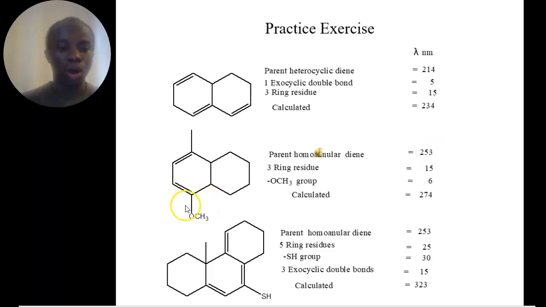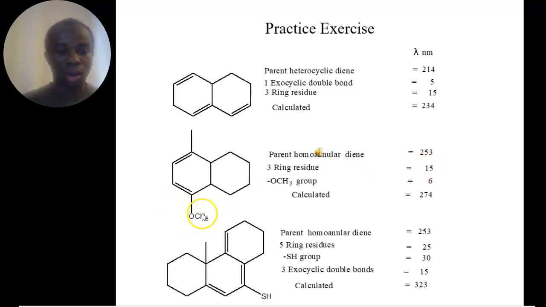And also you check for ring residue, isocyclic, double bond extending conjugation. There is no isocyclic double bond here. At the same time, there is no double bond extending conjugation, so it means that you only have to look for ring residue, and there are 3 ring residues, which include 1, 2 and 3. Those are the 3 ring residues, and you have plus 15.